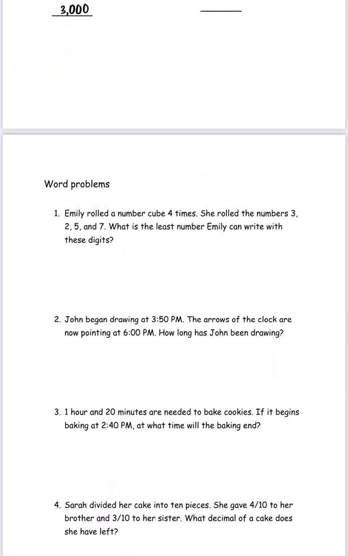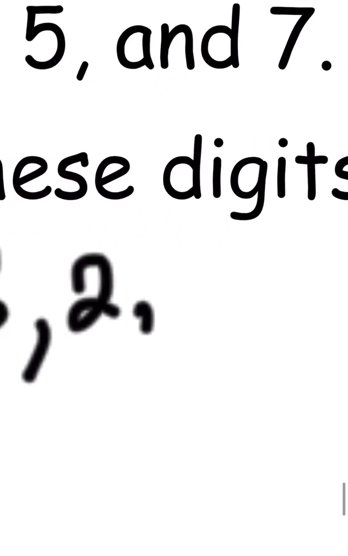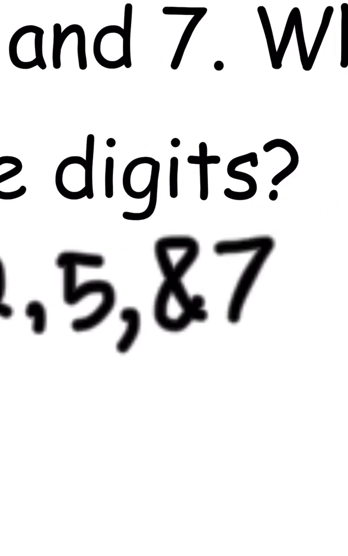For this page, we have word problems. Let's look at number 1. For number 1, it says, Emily rolled a number cube 4 times. She rolled the numbers 3, 2, 5, and 7. What is the least number Emily can write with these digits? So, Emily has 3, 2, 5, and 7.